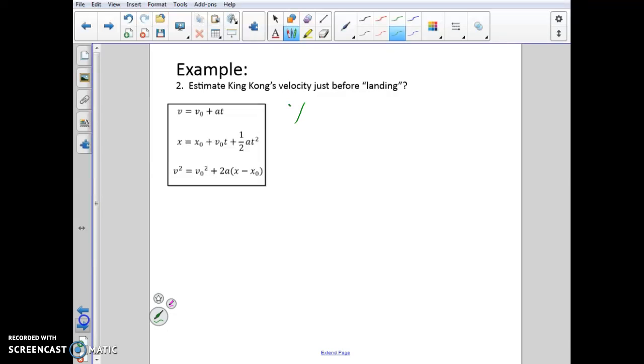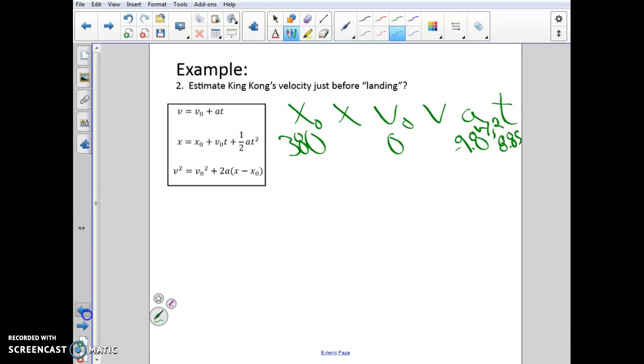So again, writing it out. I know we found some stuff already. 8.8 seconds now, and then I've got negative 9.8 meters per second squared. Initial position, 380. And final, I want to find my final velocity, so I can either use my first equation, my second equation, or third equation.